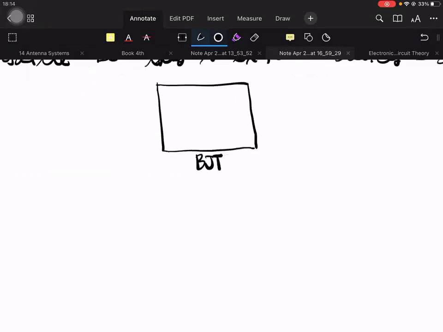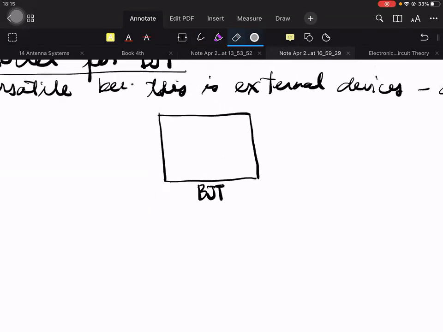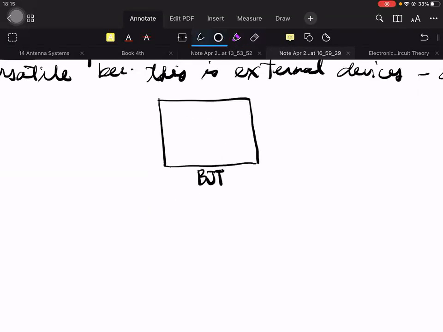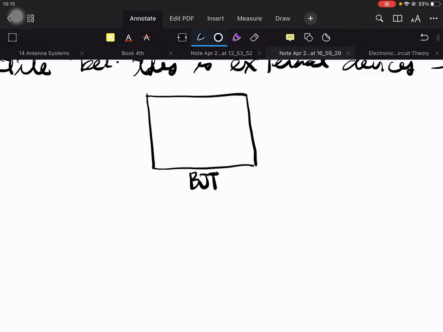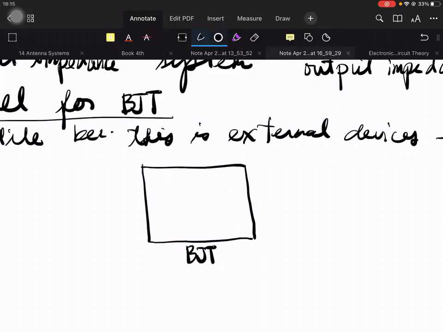Kung schematic symbol, diba, the BJT is this one. Base, emitter, then collector. So this time we'll not use the schematic symbol for the BJT, but we'll use this one, another systematic point of view.